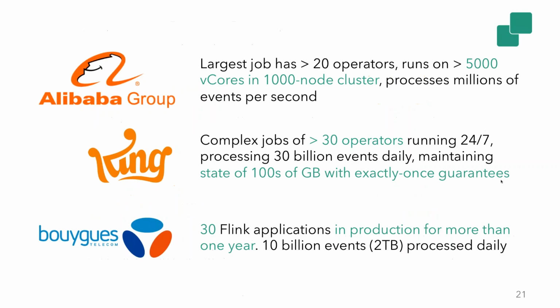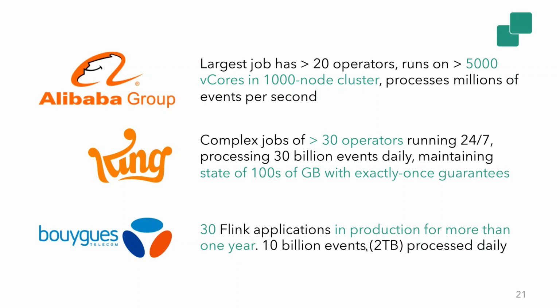And they are actually doing quite sophisticated stuff with Flink. So these are just three examples that highlight the scale at which Flink is being deployed in various dimensions. So the first is Alibaba, the largest e-commerce company in China.